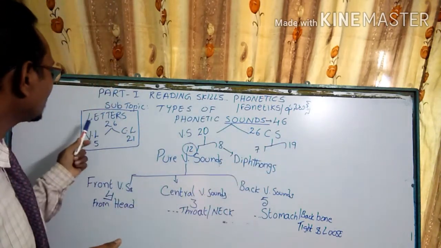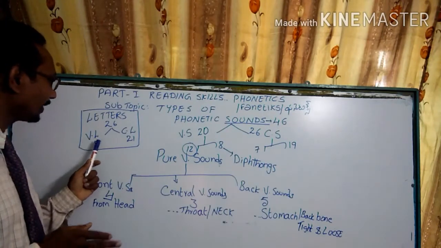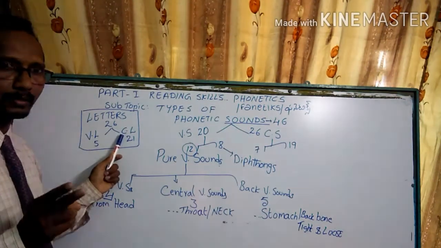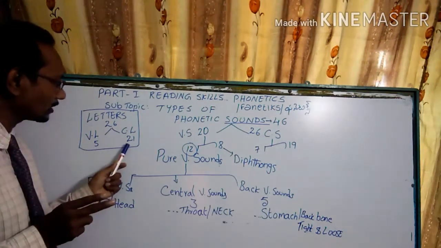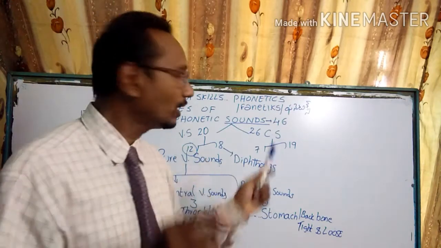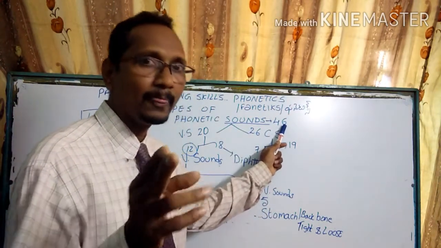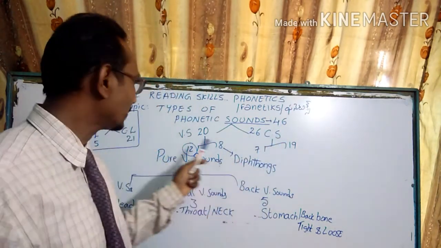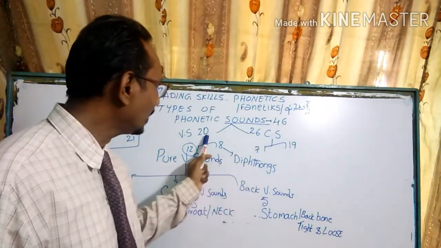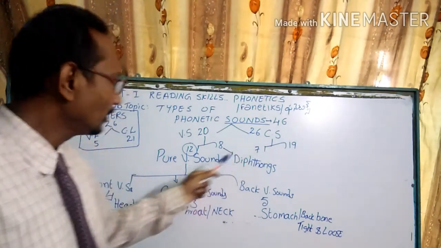In English we have 26 letters, divided into 2 parts, vowel letters and consonant letters, which are 5 and 21. In the same manner, in phonetic sounds we have 46 sounds, divided into 2 parts, vowel sounds and consonant sounds, 20 and 26.